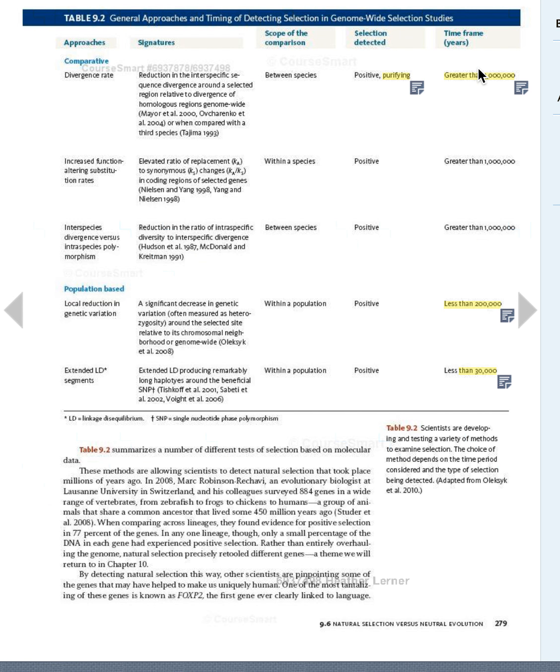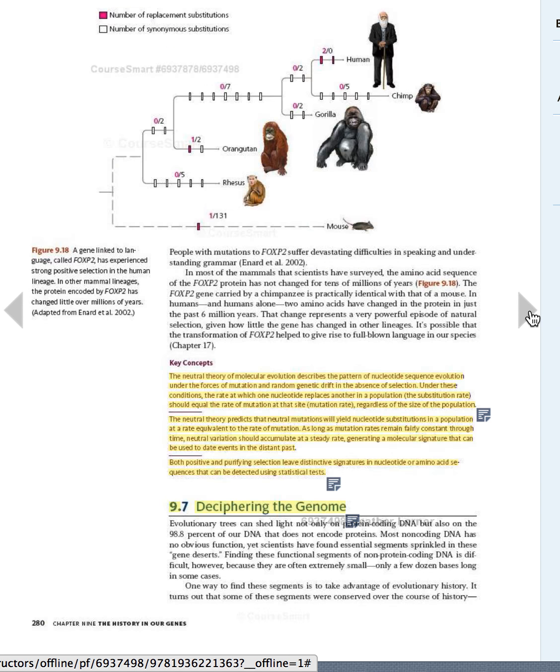There are several tests for time frames greater than 1 million years. Also, a test that you can use for less than 200,000 and less than 30,000 years. So you're going to use different tests for different questions at different time frames and within or among species, right? So I just want you to know these broad principles in terms of time frame for evolution for tests.